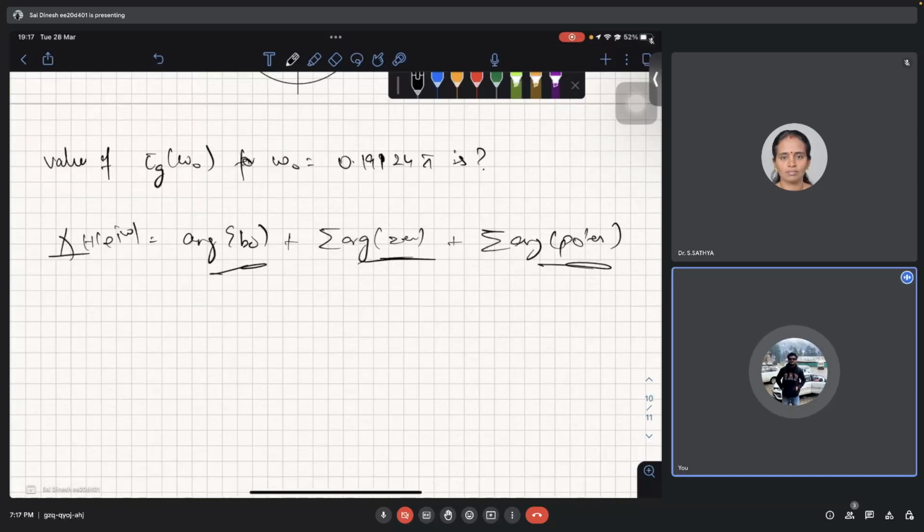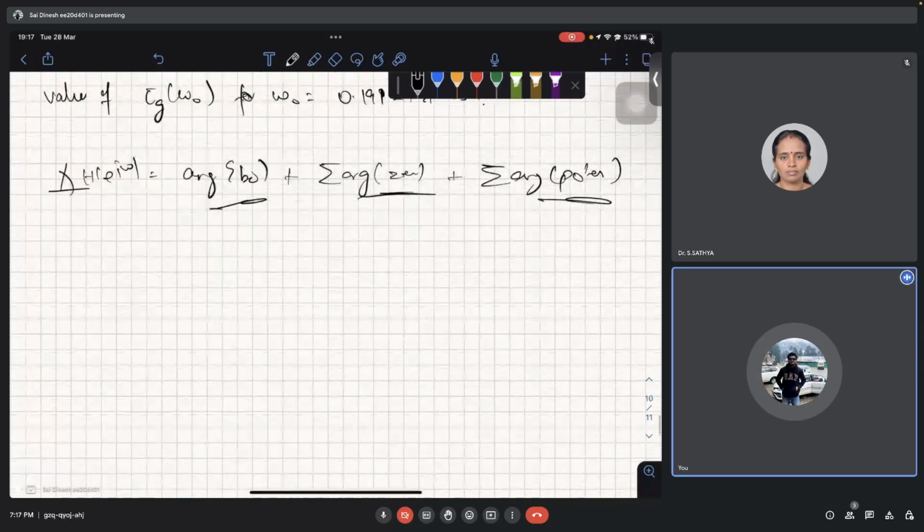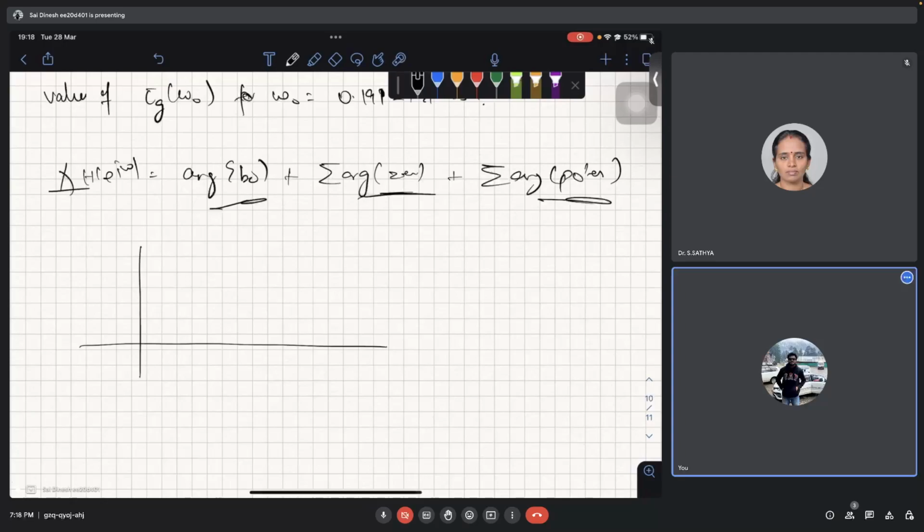If you see the lecture notes, this exact example with different numbers is given, and we see the phase response is somewhat like this, around 50 and around minus 50, and the group delay is somewhat of this shape.